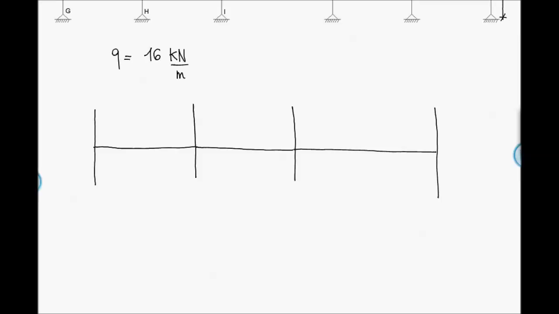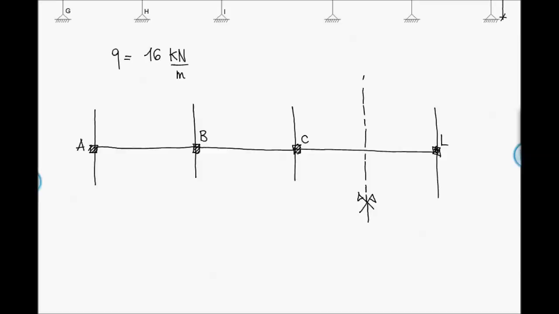We have nodes A, B, C, and J. So we have to consider the additional restraint here. This is of course a structure with nodes that can only rotate, so we lock the rotation. Here we have our symmetry axis.